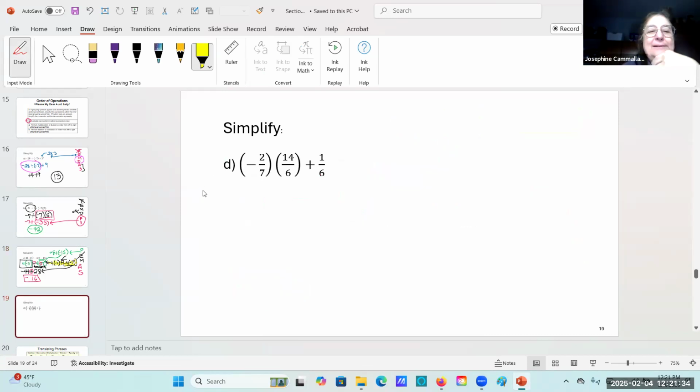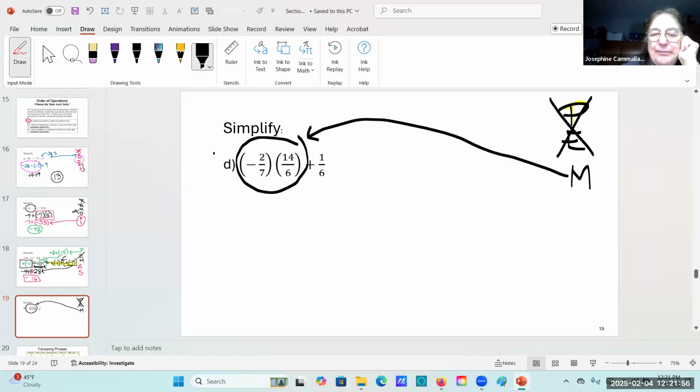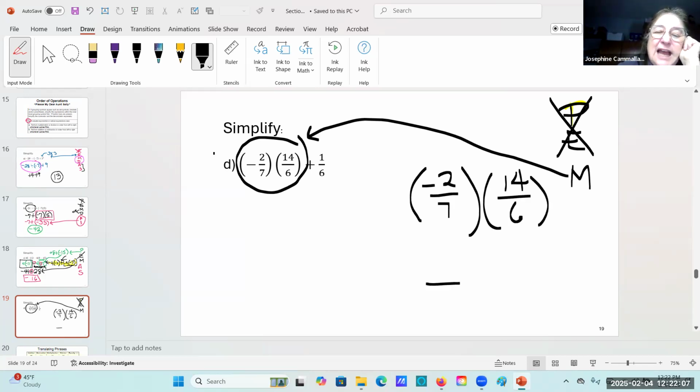And then here we go. Okay. We have no parentheses and we have no exponents. So those are gone. But multiply. These two are going first. This is the multiply. So I have negative 2/7, 14 sixths. Okay, I'm going to cross cancel. And notice I have one negative sign.